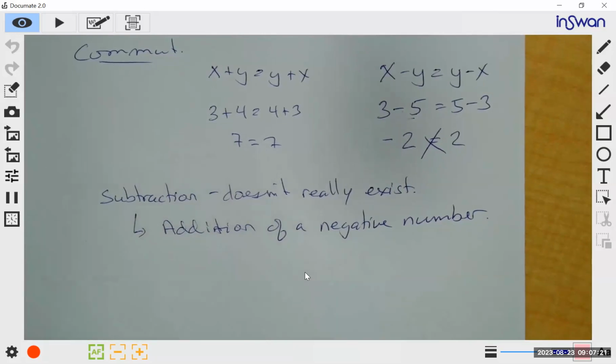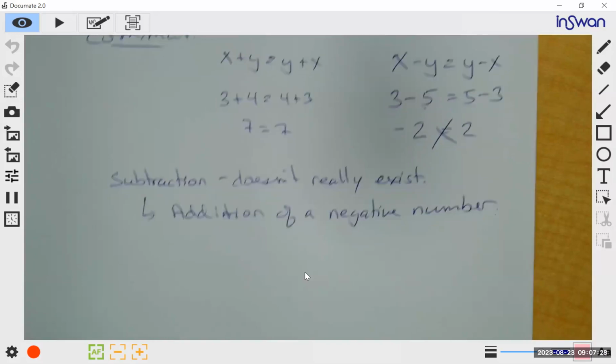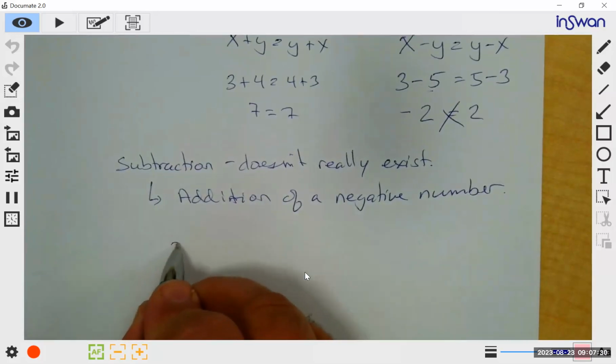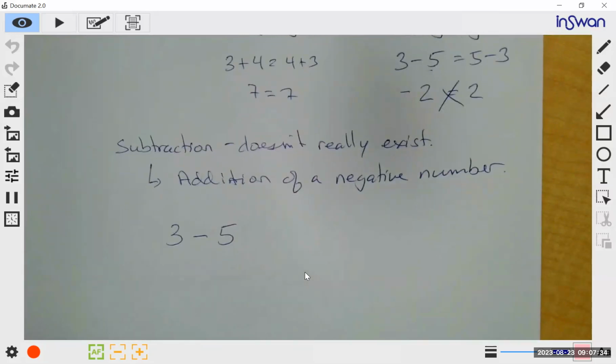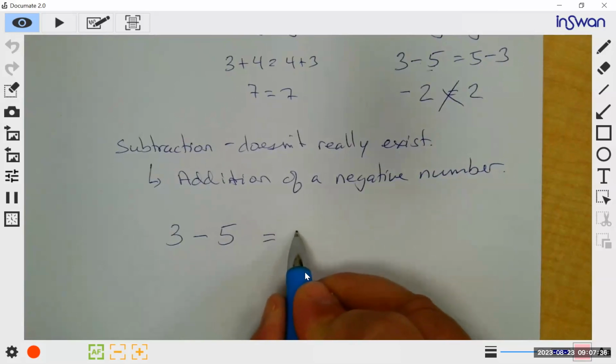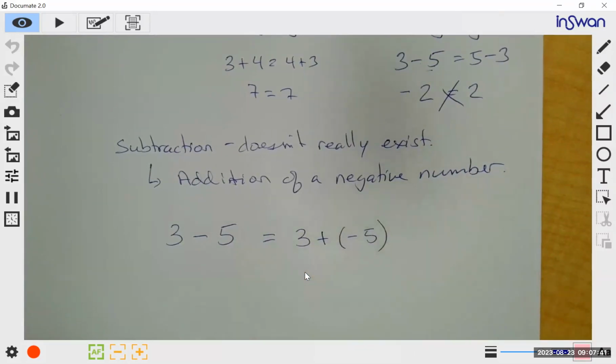That's what subtraction really is. It's the addition of a negative number. So 3 minus 5, what this really means is 3 plus negative 5.